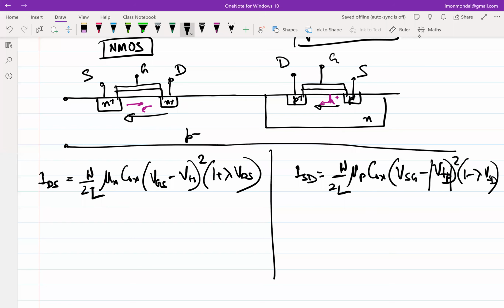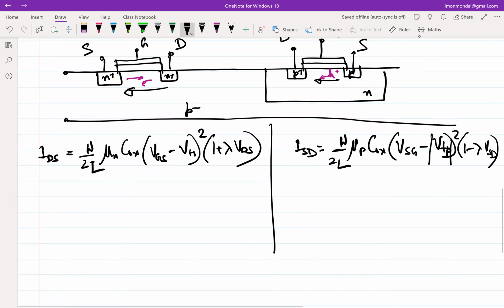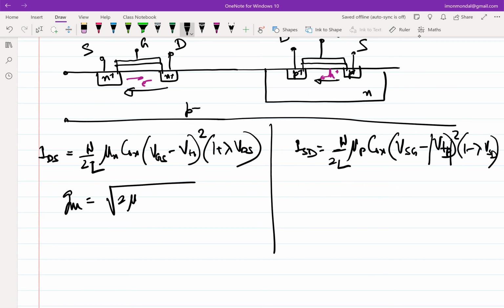Okay, fine. So which essentially means that if I am dealing with these types of equations, which are essentially identical, the way we figure out the incremental parameters is also identical. So your gm here, you can use your favorite expression, whichever it might be, is 2 mu Cox W by L ISD.